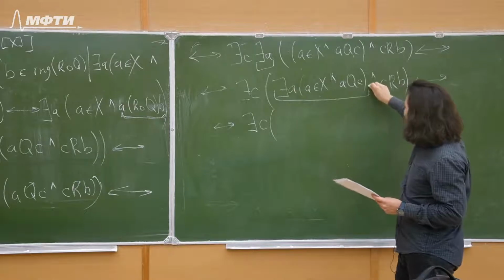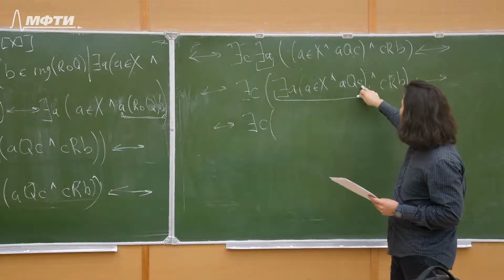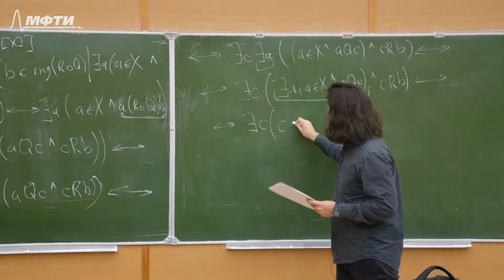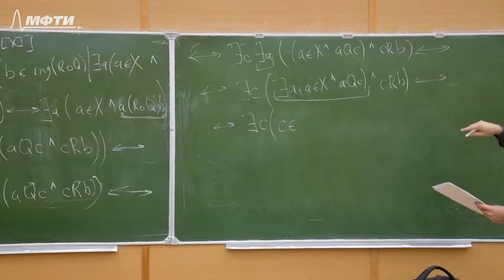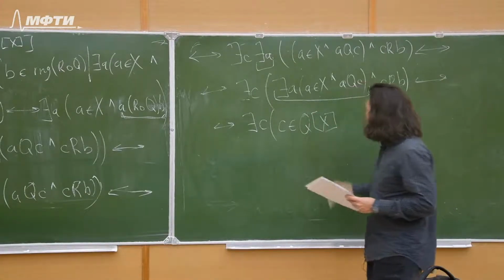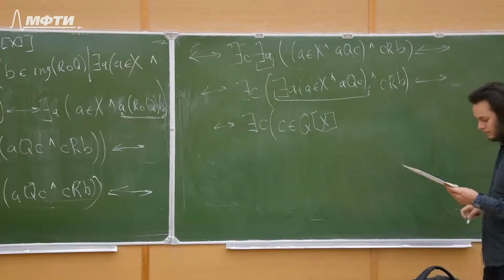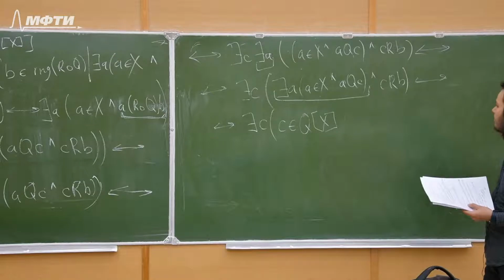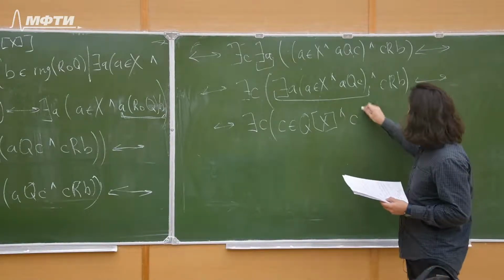There exists A such that A is in X and A Q C, so C is an element of QX, the image of X under Q, and C R B.